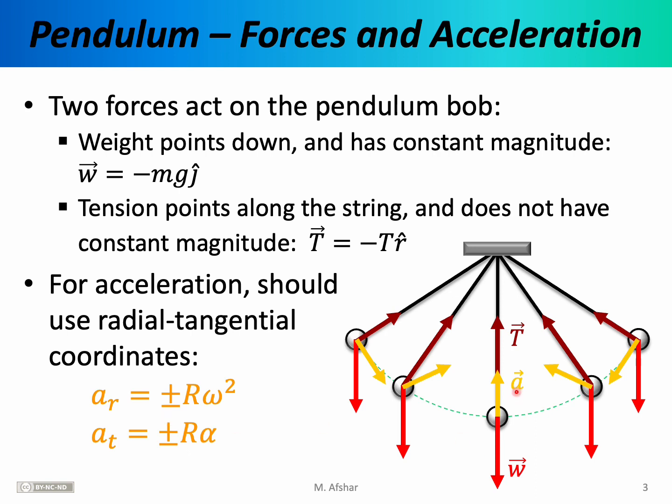It also depends a little bit on whether the pendulum is to the left or to the right of its equilibrium position. So for us at the moment, it's not really that important whether the pendulum is swinging to the right or to the left. For the most part, we're interested primarily in the magnitudes of these vectors.